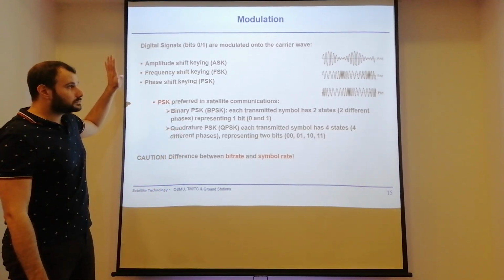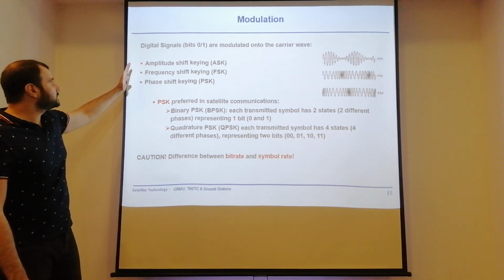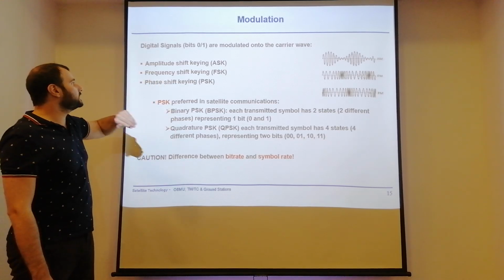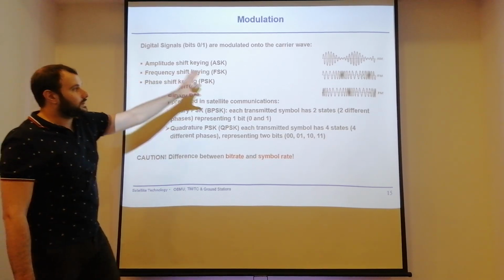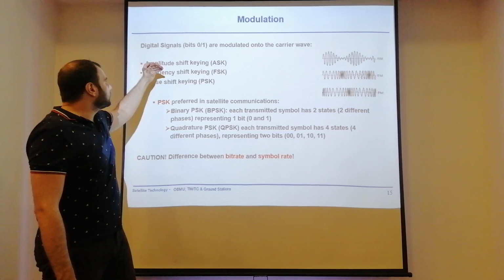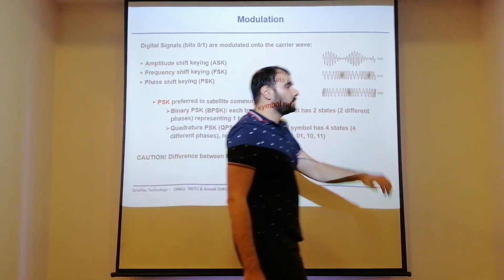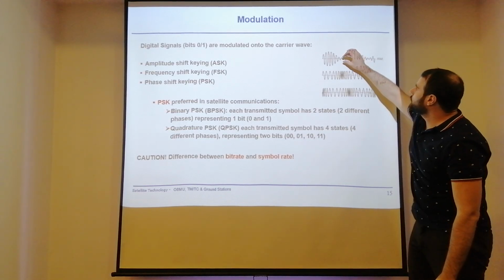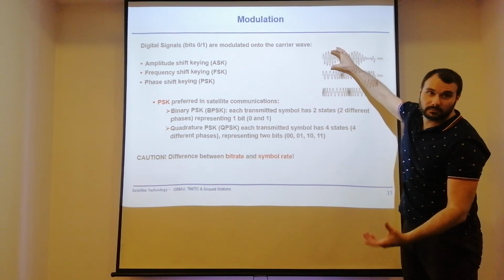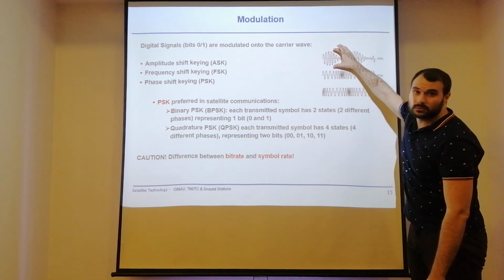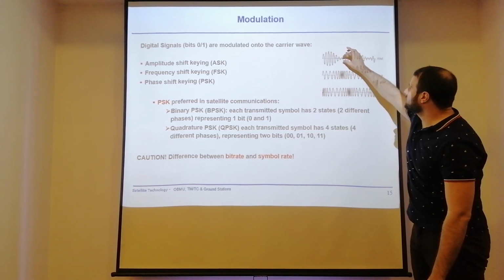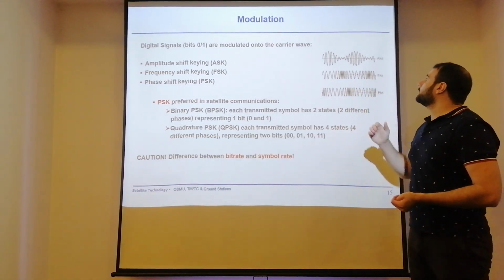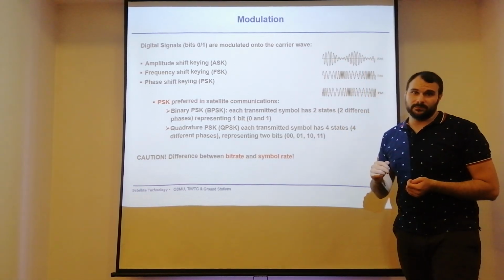And therefore, we have, in general, 3 different types. We can go for an amplitude shift key, a frequency shift key, and a phase shift key. And examples are shown here. So for the amplitude shift key, you basically reduce the amplitude if you want to have a different state than before. Let's say a high amplitude is a 1, a low amplitude is a 0, and by changing the amplitude of your frequency, you can modulate your data onto it.